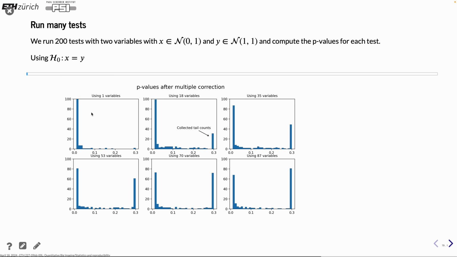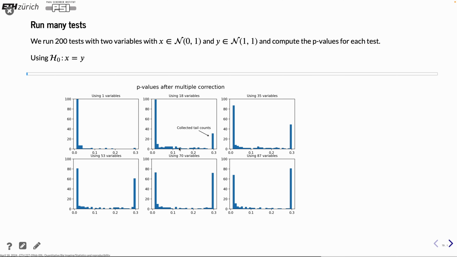With our null hypothesis that x equals y, we usually say that there is no problem at all, but you can see that there are some that go above the level.